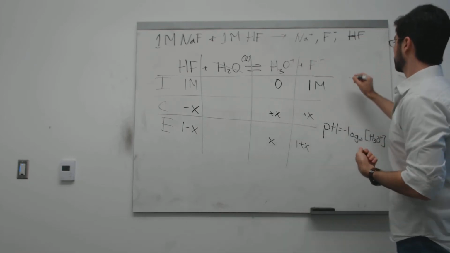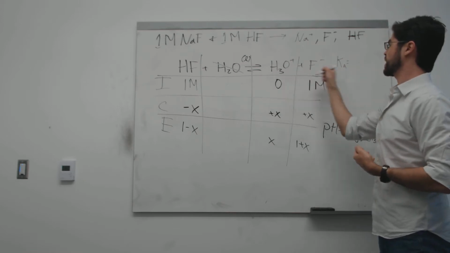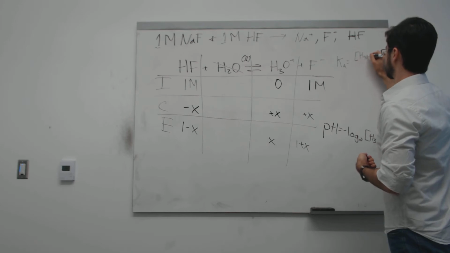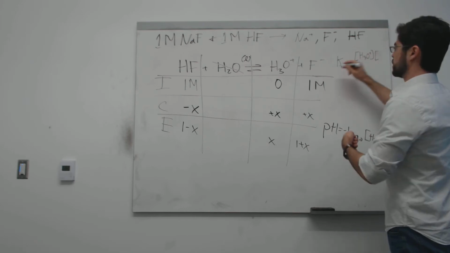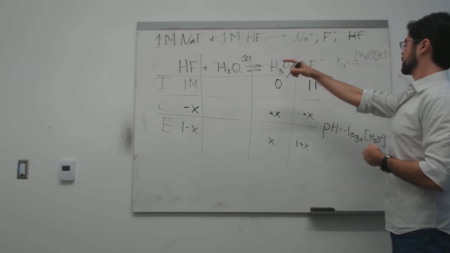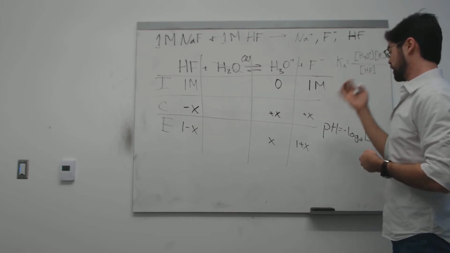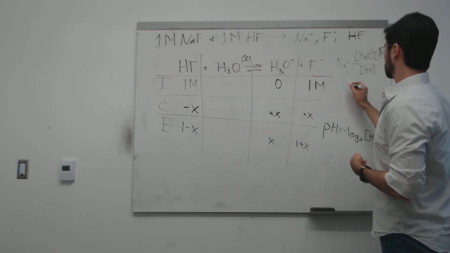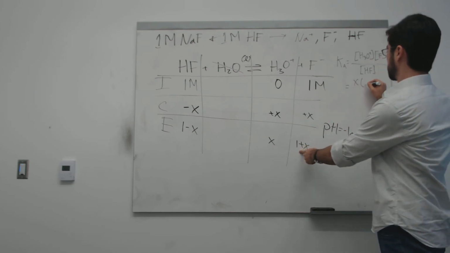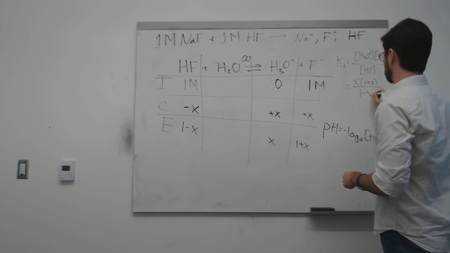I know that Ka should be equal to, Ka describes this reaction where I have the hydronium concentration times the fluoride concentration over the hydrofluoric acid concentration. If I plug in my equilibrium concentrations, I get x, 1 plus x, and then 1 minus x.